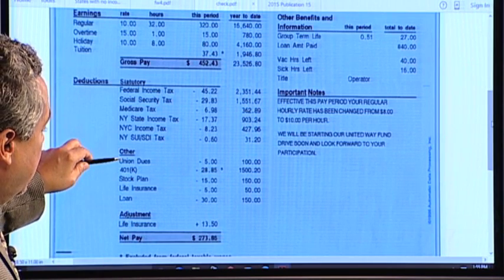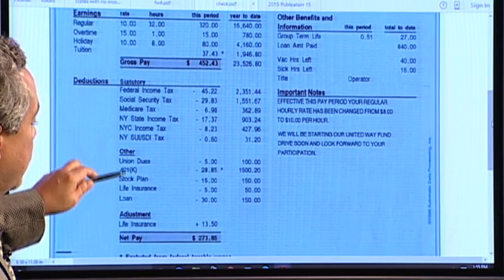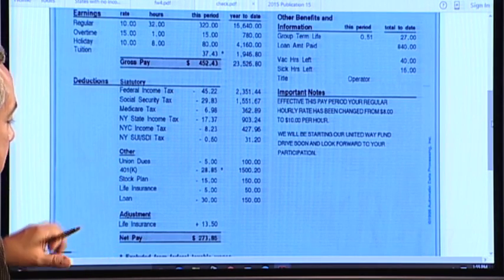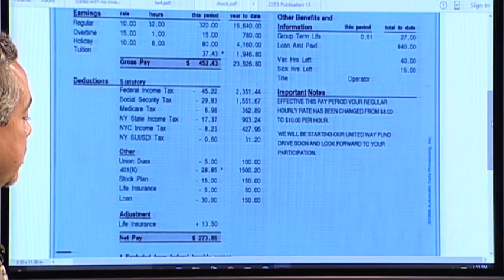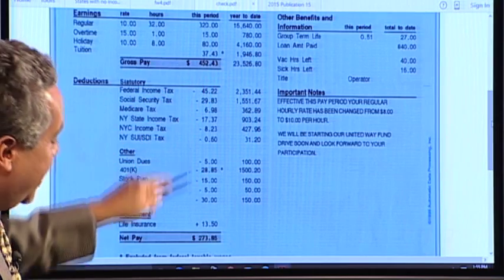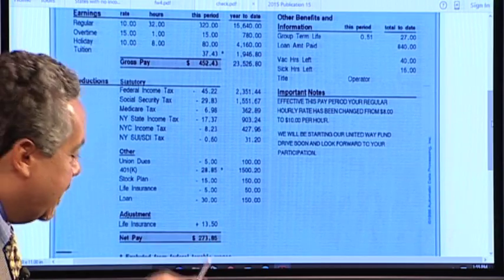So here we have union dues, 401k, stock plan, life insurance, loan. So these could vary from employer to employer and employee to employee. So out of this $452.43, after we take out all the deductions, you're only taking home $273.85.